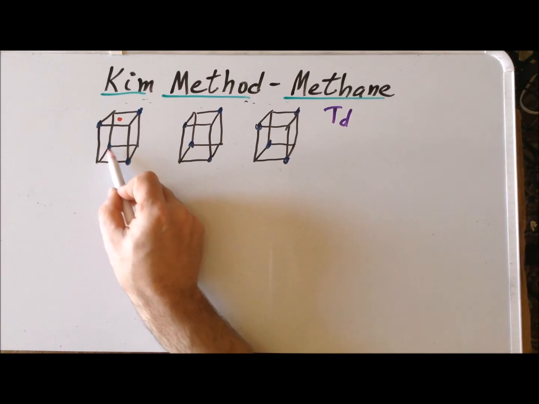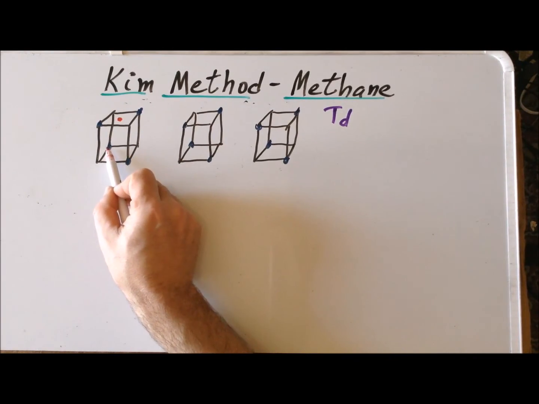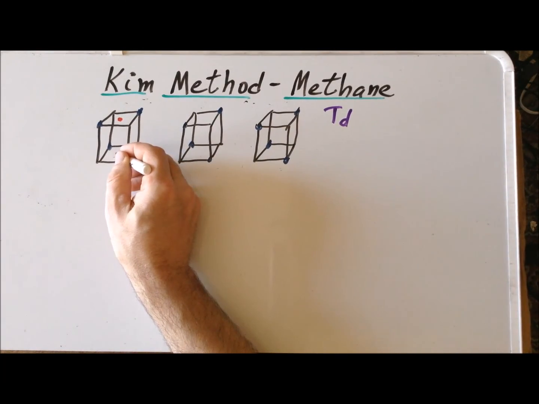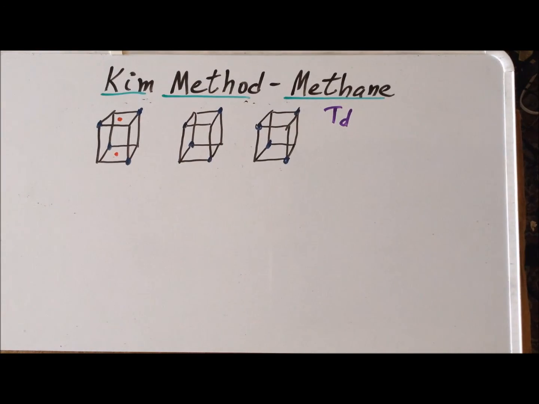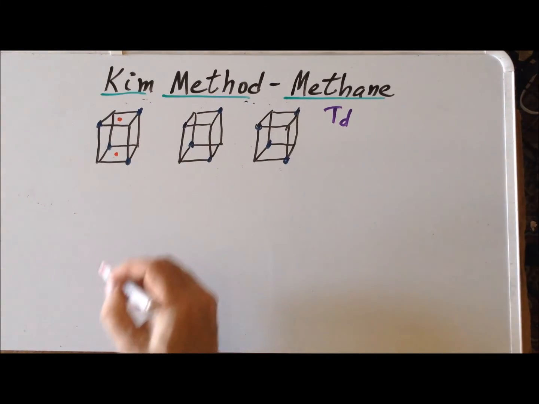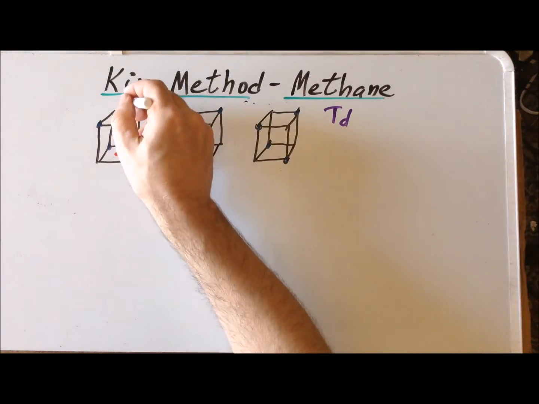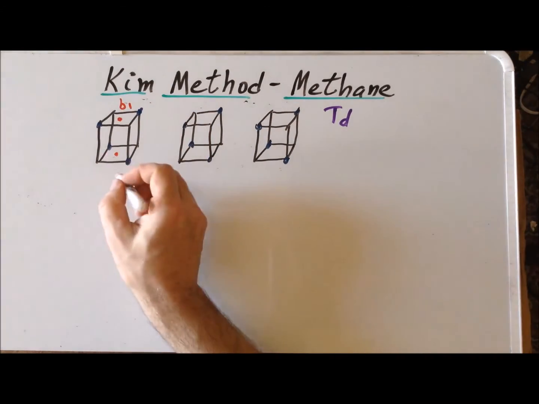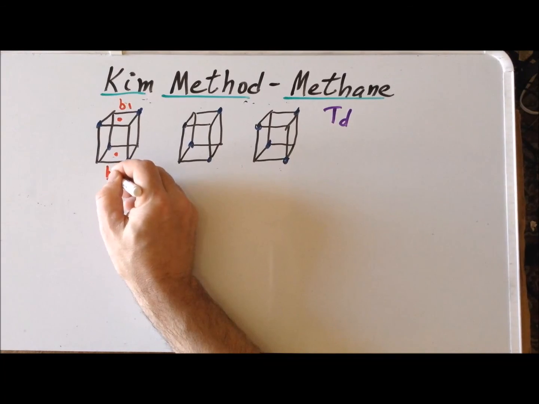Similarly, we can bisect the angle going from hydrogen to hydrogen down here. Again, the vector will go through the center of the bottom face. So let's refer to the top point as B1, because that will describe the first bending motion, and describe the second point as B2.